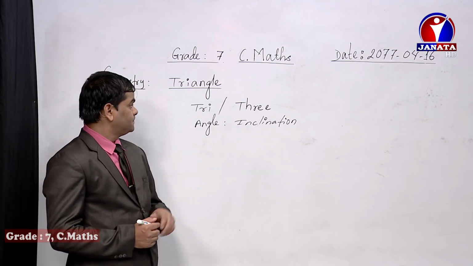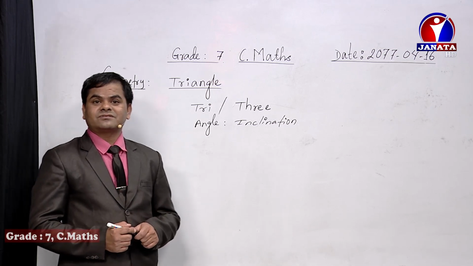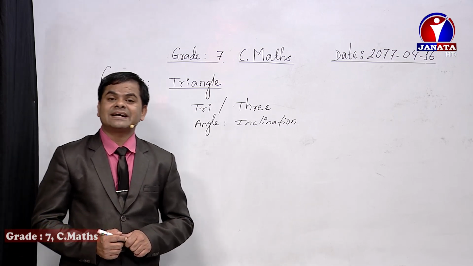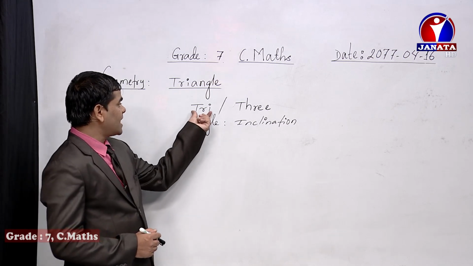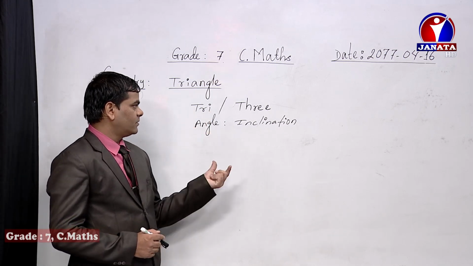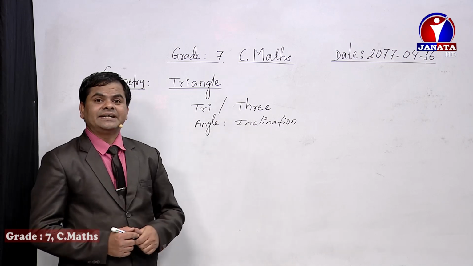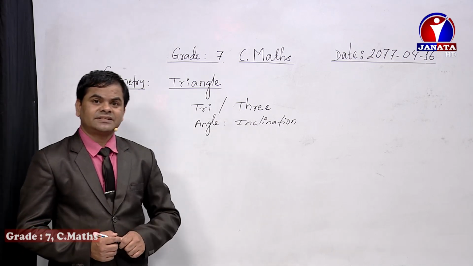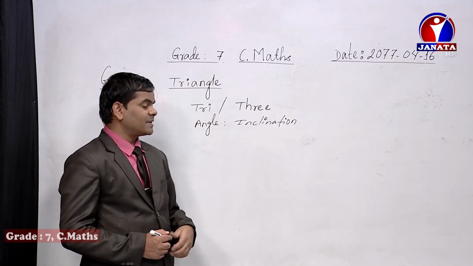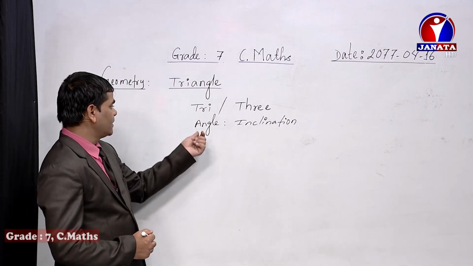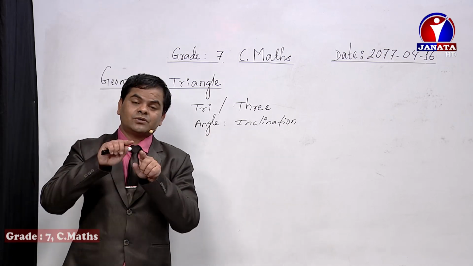And dear student, in case of the triangle, the word is derived from two Greek words. One is tri and then after angle. Tri means three, it represents three in English, and then after angle represents in between the two adjacent sides.